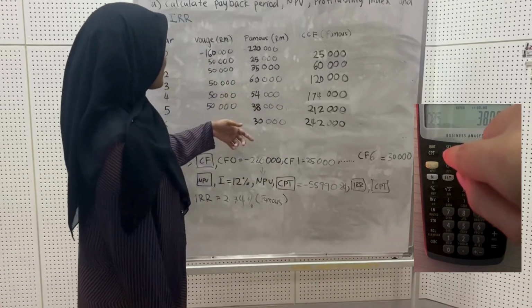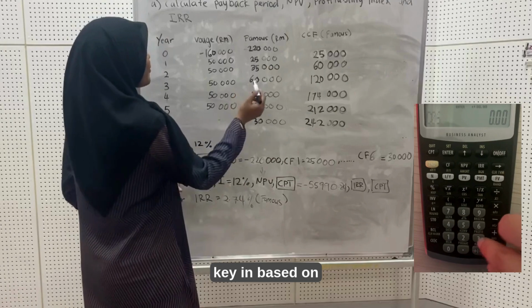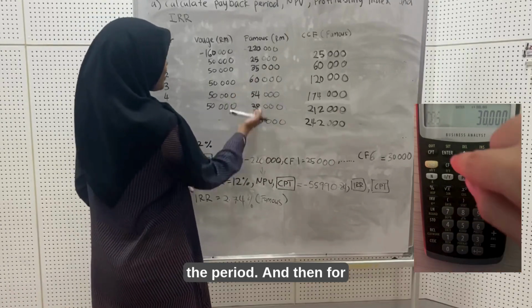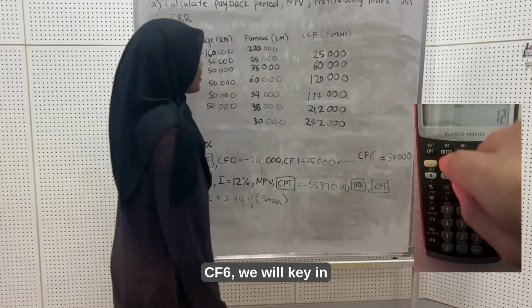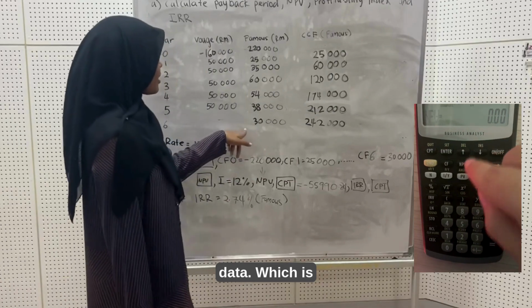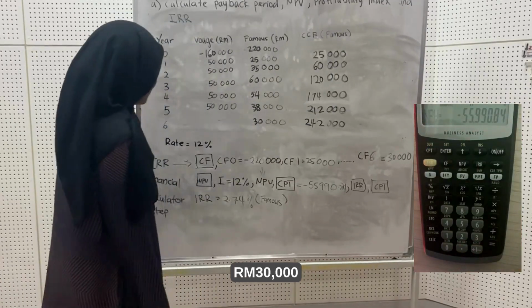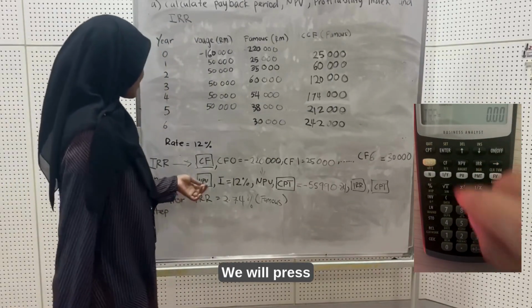We key in based on the period, and then for CF6 we key in 3000.